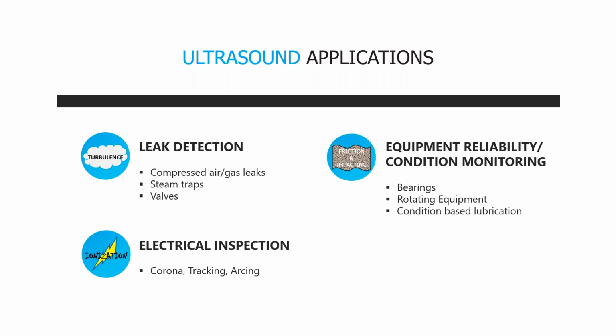Then you have ionization. Ionization is going to be with our electrical inspection applications, where we're able to listen for and detect corona, tracking and arcing from inside enclosed electrical cabinets. So again, a great use of ultrasound and infrared together. We see more and more people using ultrasound as kind of the first line of defense. So we listen first prior to opening up any kind of enclosed electrical cabinet, and we're going to be able to hear if there is a potential fault taking place inside of that cabinet before we open it up.